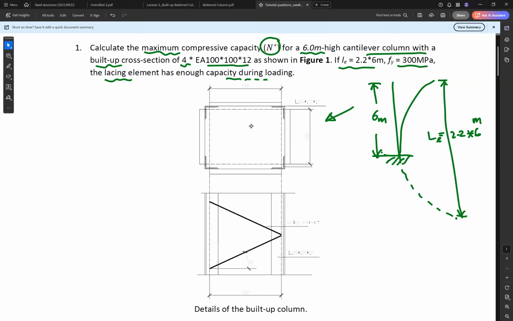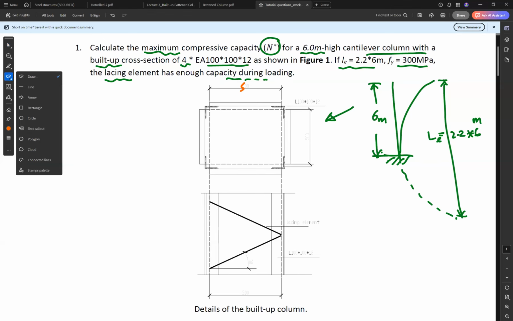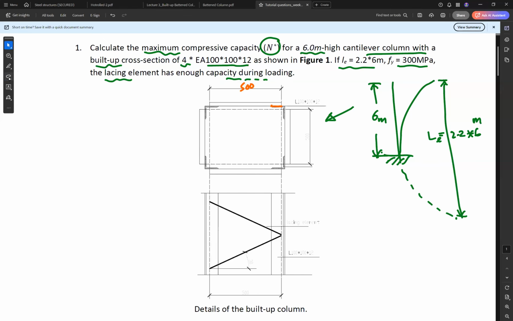So the dimensions of this column are here. This is equal angle 1, equal angle 2, and 3, and 4.